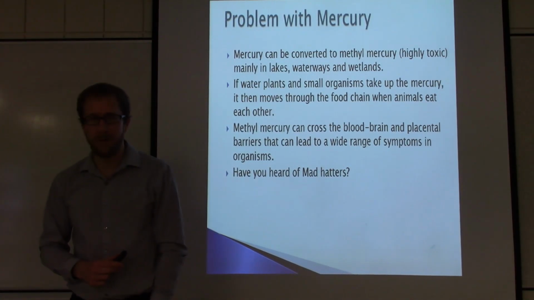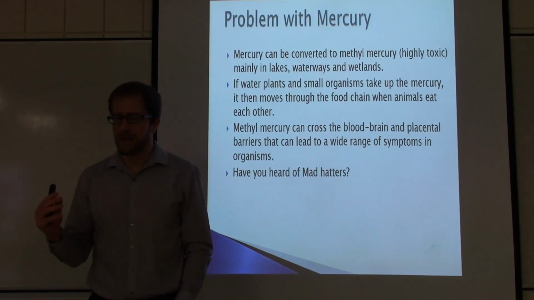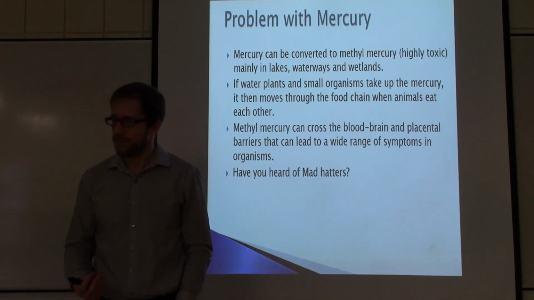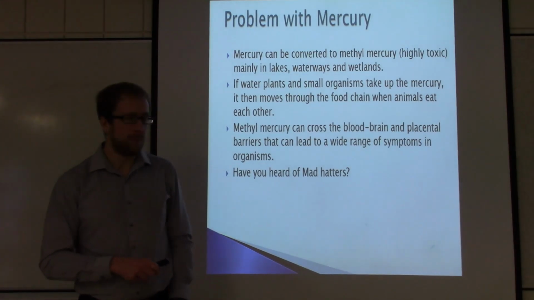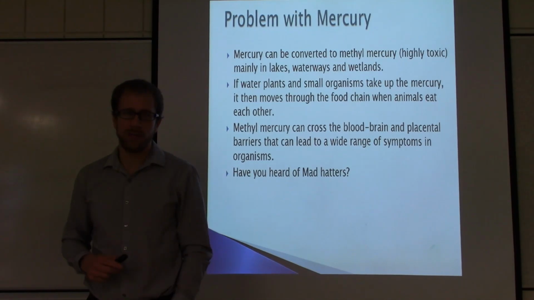You do not want to expose yourself to mercury on a regular basis, in particular mercury fumes. Elemental mercury is not super dangerous unless you're breathing in vaporized mercury. But mercury is dangerous enough where we no longer are supposed to be using those thermometers within schools.